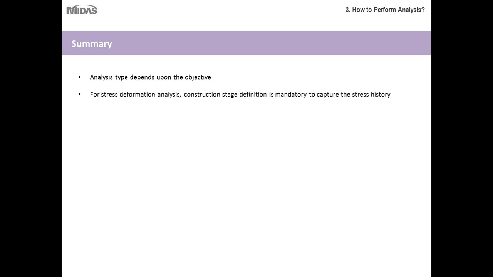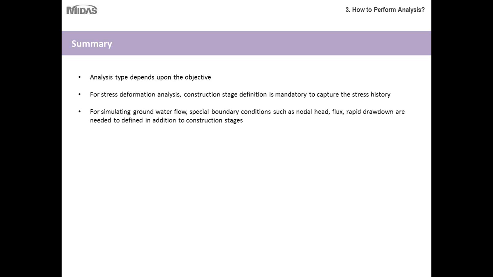So this brings us to the end of chapter 3, and let's go over the key points we learned today. So the analysis type depends upon the objective. For stress deformation analysis, construction stage definition is mandatory to capture the stress history.